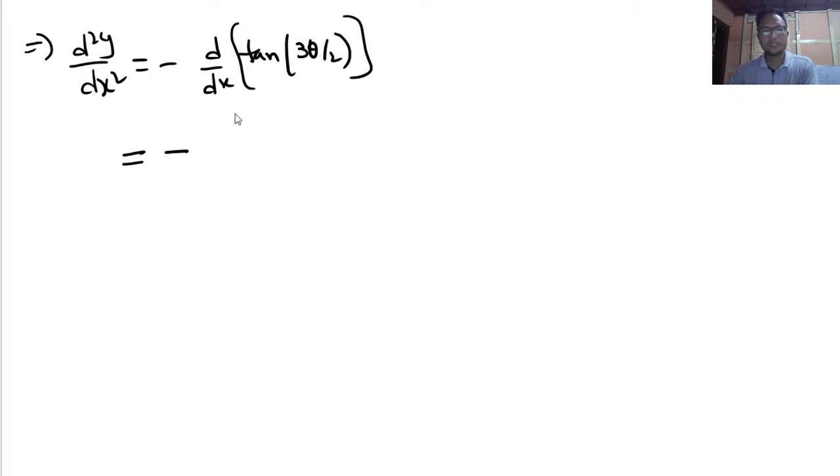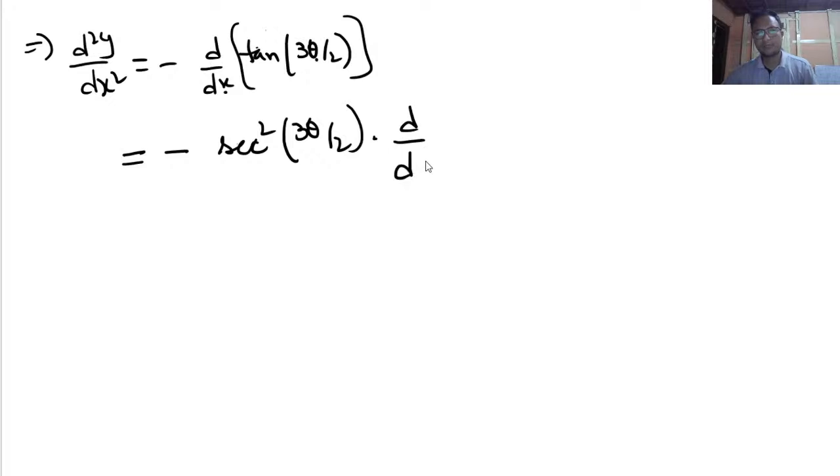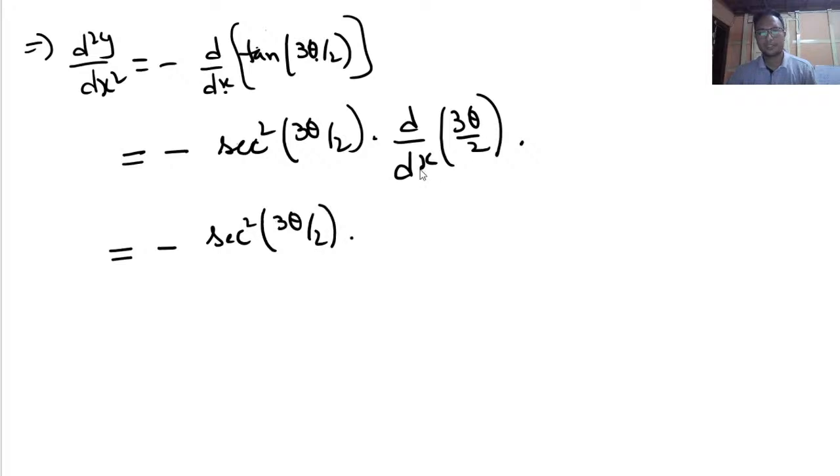Here theta is the variable, so the chain rule applies. Differentiating tan gives sec square, so we get sec square 3 theta by 2 into d by dx of 3 theta by 2. So 3 by 2 is common, and we have d theta by dx.